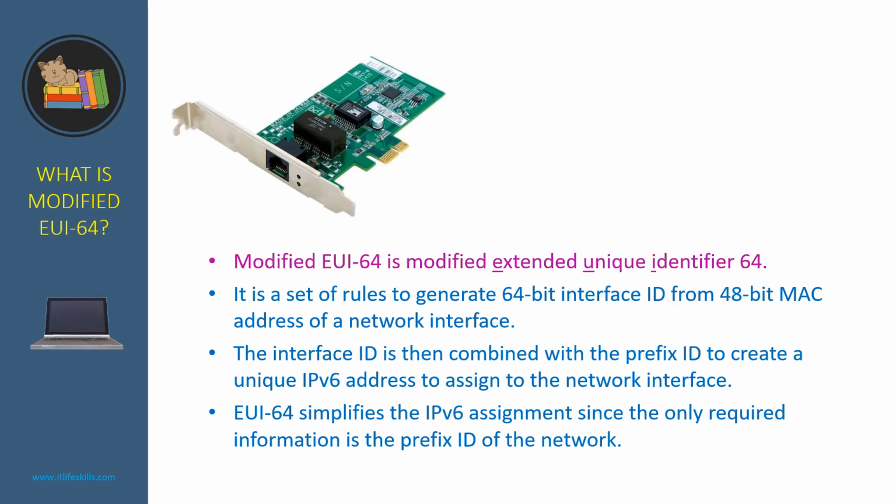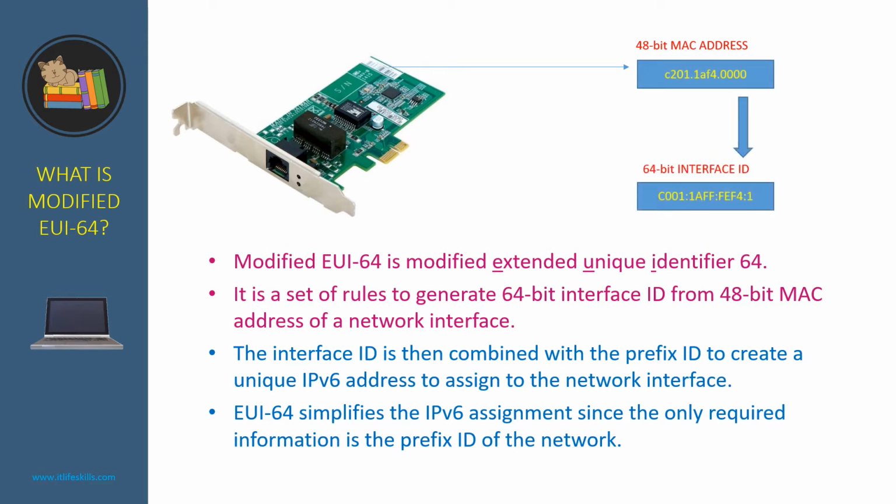Modified EUI 64 stands for Modified Extended Unique Identifier 64. It is a set of rules to generate a 64-bit interface ID from the 48-bit MAC address of a network interface.